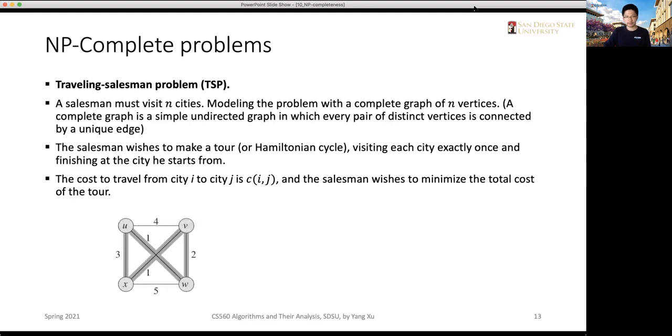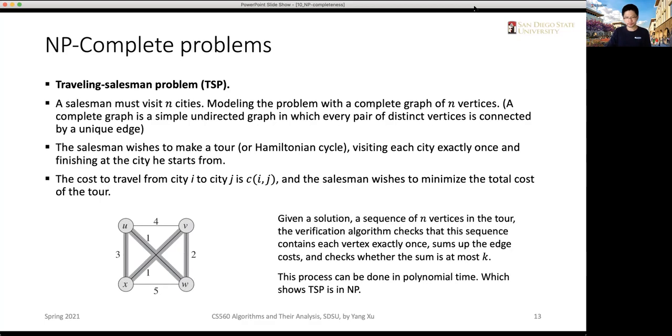So for this problem, we can easily prove that it is in NP, right? Remember that the concept of NP is that as long as we can verify a solution within polynomial time, then we are good. For example, given a solution to this problem, a solution is just a sequence of vertices in the tour, right?